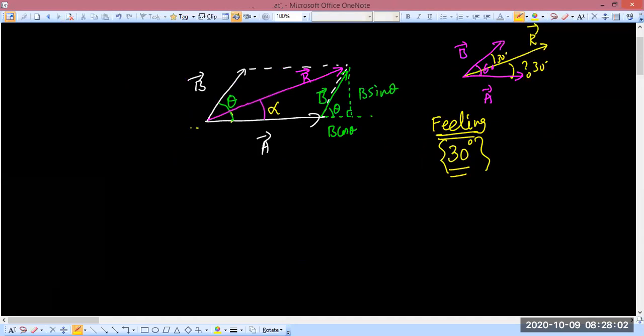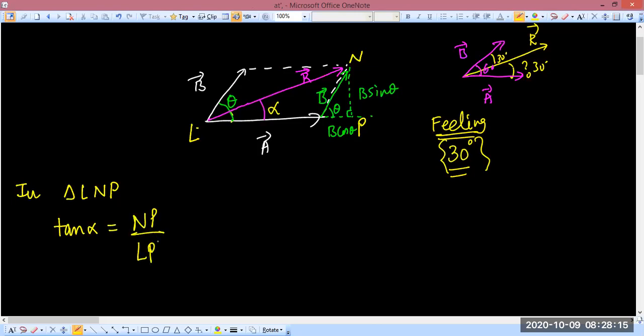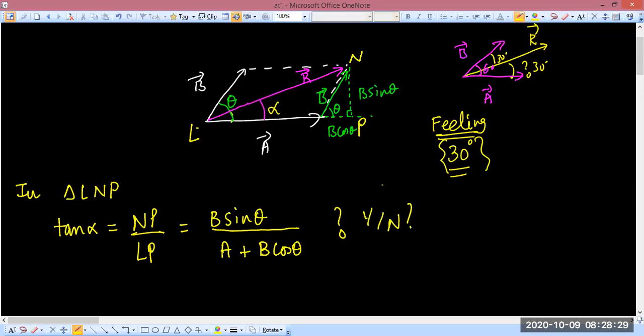So if you look at the triangle LNP, tan alpha is equal to NP upon LP. So NP is equal to B sin theta divided by LP. Is this clear, everyone? I'm waiting for your yes or no.